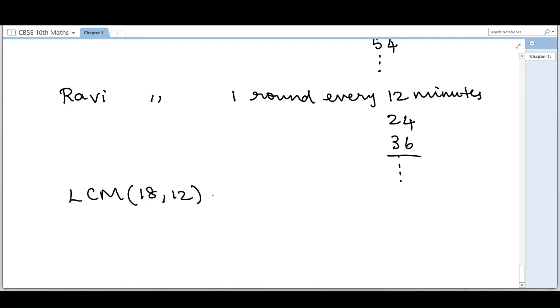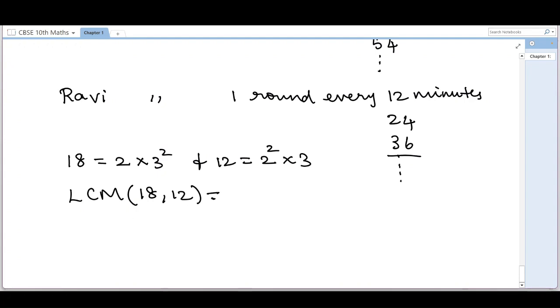Okay, so we can write the prime factorization of 18 as well as 12 and we can find the LCM. For 18 the prime factors are 2 into 3 square, and for 12 it is 2 into 2 into 3, that is 2 square into 3.